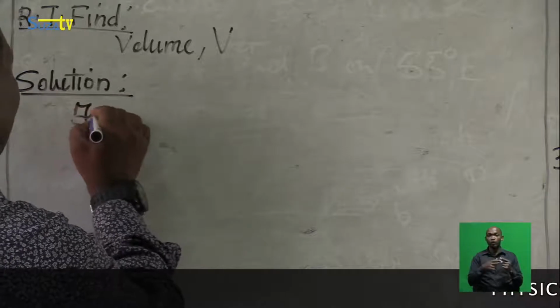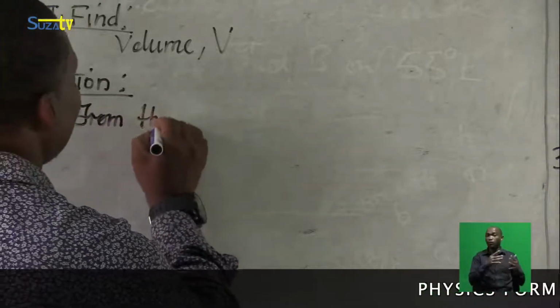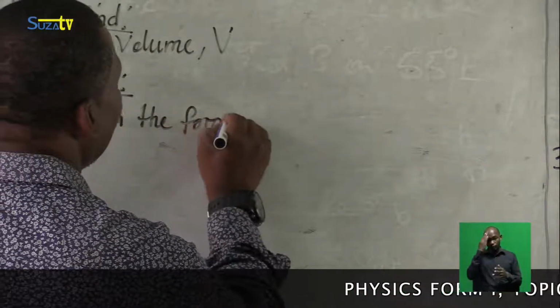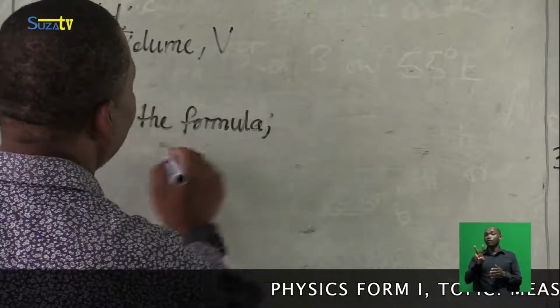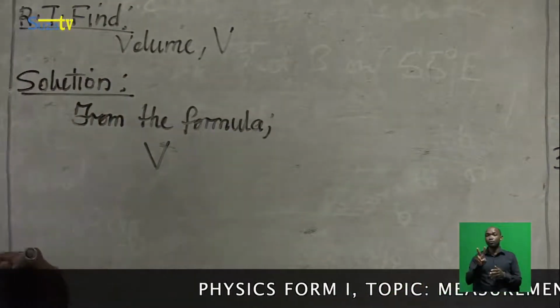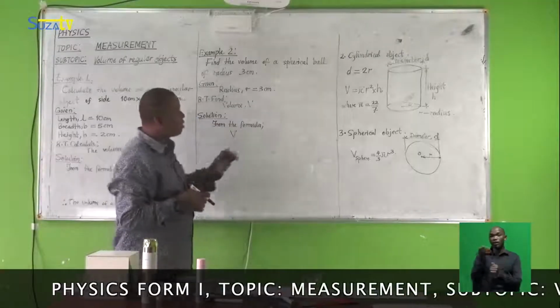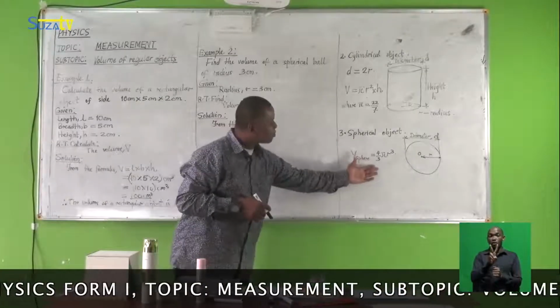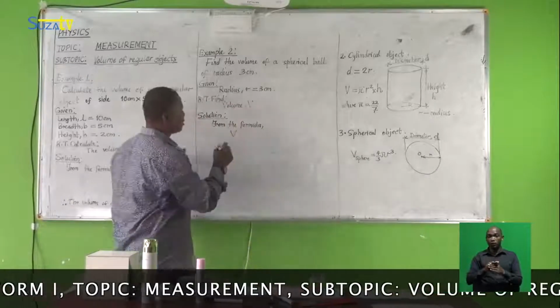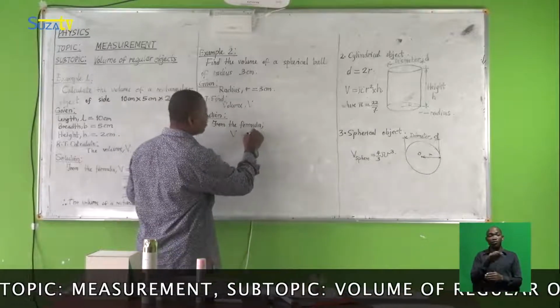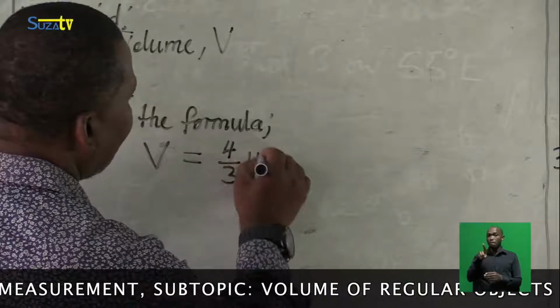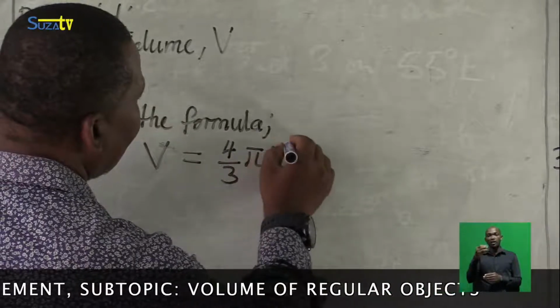So what we know from the formula, V, the type of the object that we have is the spherical object, so the formula used is 4/3 pi r cube.